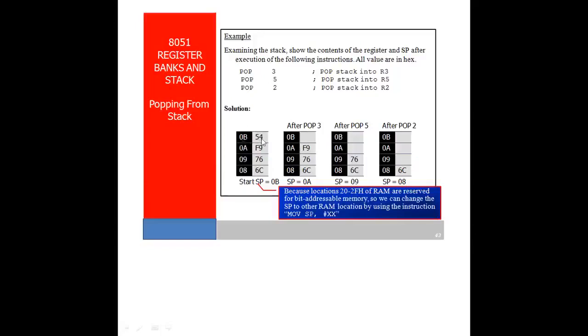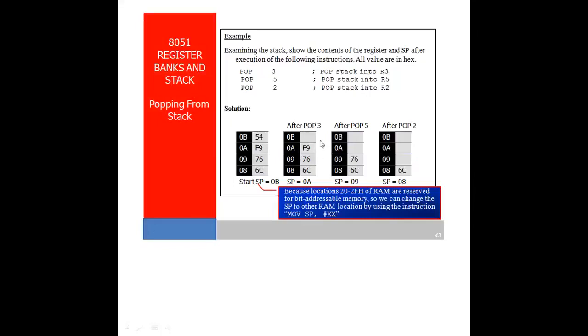So top memory location means this one. So 54 will be retrieved first, and my stack pointer will be decremented by 1. This is common between the microcontroller 8051 and many microprocessors. Whenever I am retrieving data, the pop operation is executed, and my stack pointer will be decremented by 1. So don't forget this concept.